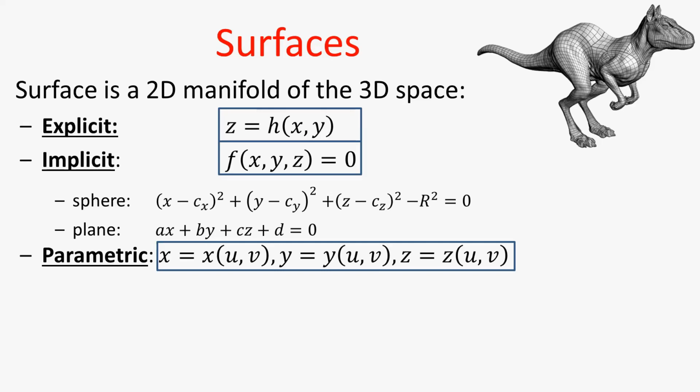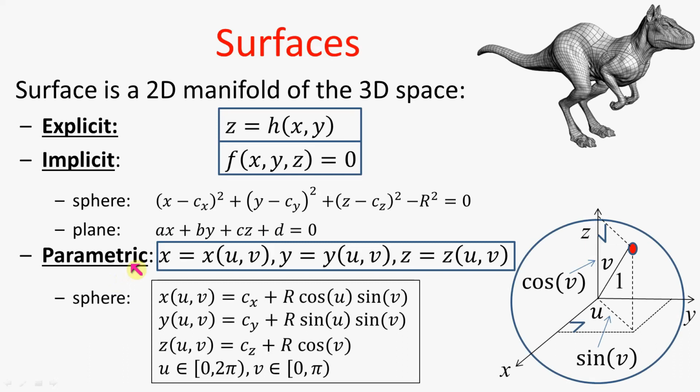It means, unfortunately, that we will not be able to imagine the set of points as a kind of motion. Instead, we may imagine a surface as a composition of two independent motions. One is parameterized with u and the other is parameterized with v.